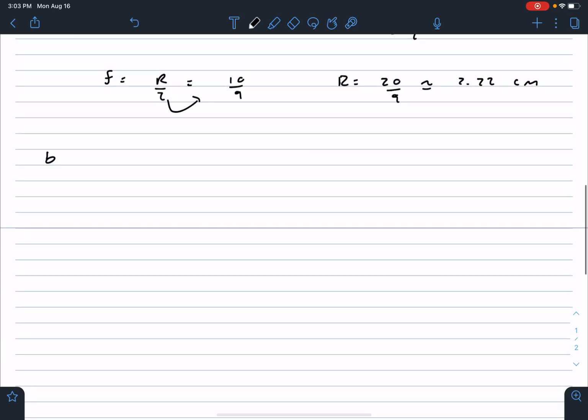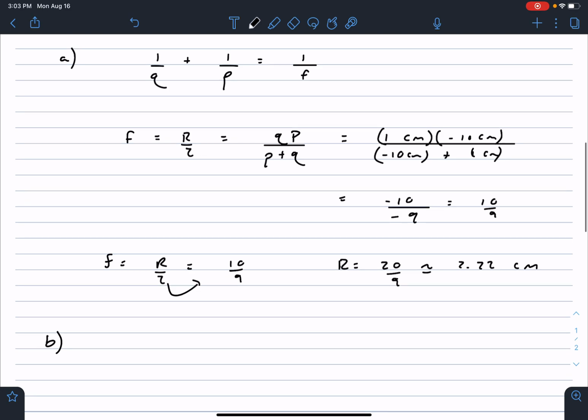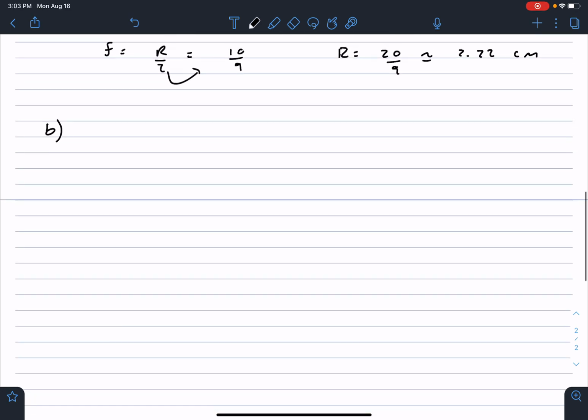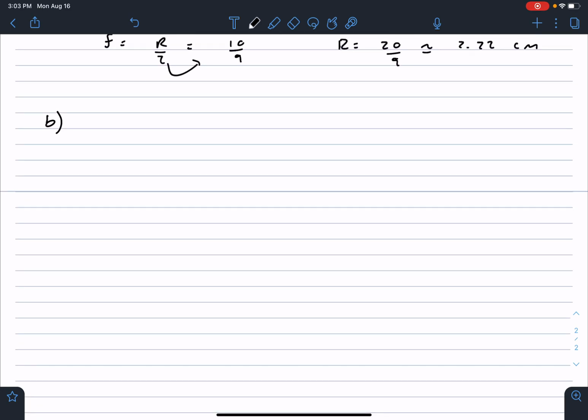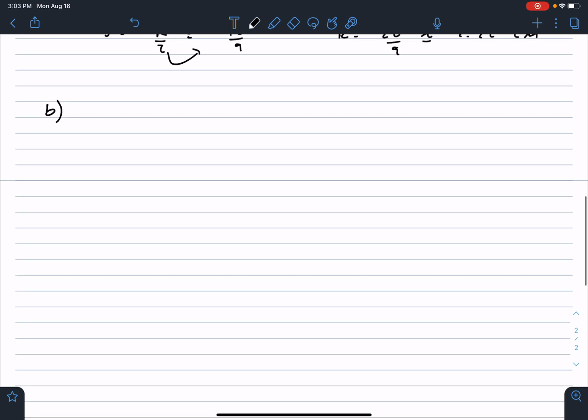Part B. We're asked to find the magnification of the image. We have another formula that we can use, which is the magnification is the negative of the virtual image distance over the distance from the mirror for the object, right? So this would be the distance of the virtual image.